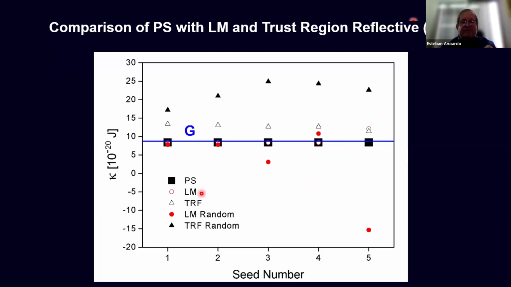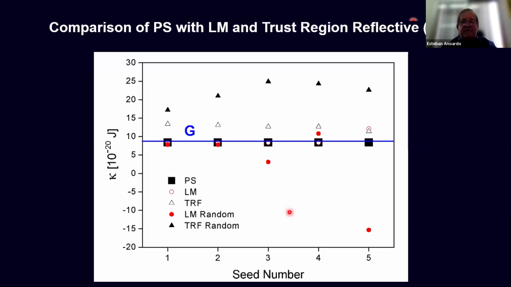If you compare with Levenberg-Marquardt, the open red circle, it also works quite well as long as you are close to the solution, and then it starts to fail. TRF is more or less working the same way here for these seeds, but it's not very precise in reproducing the value. And these random are other 5 seeds that are completely randomly chosen.